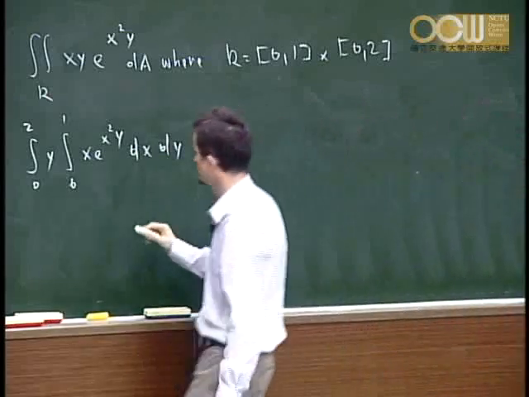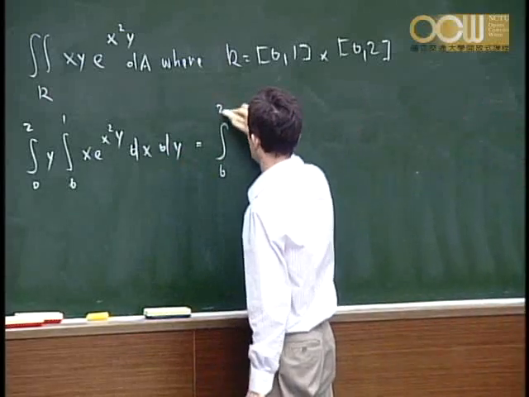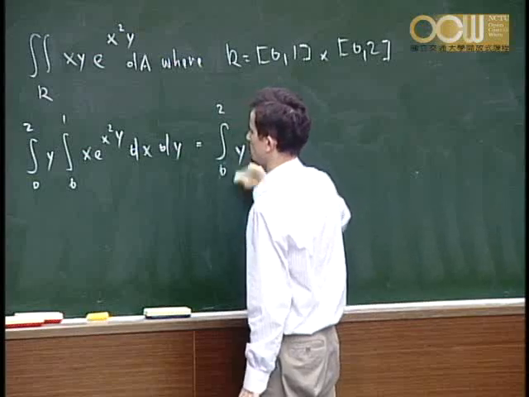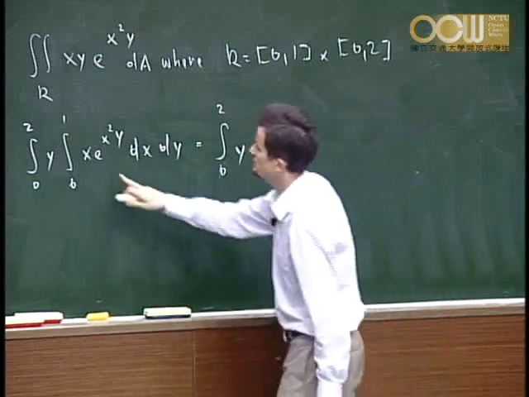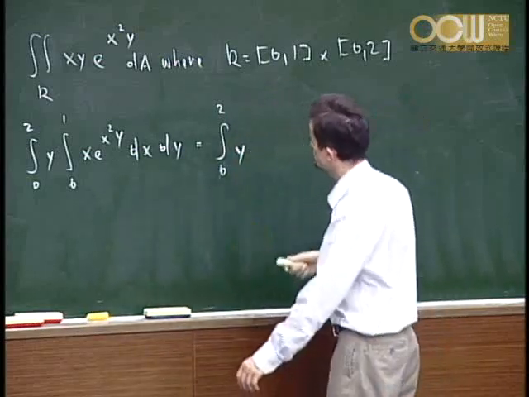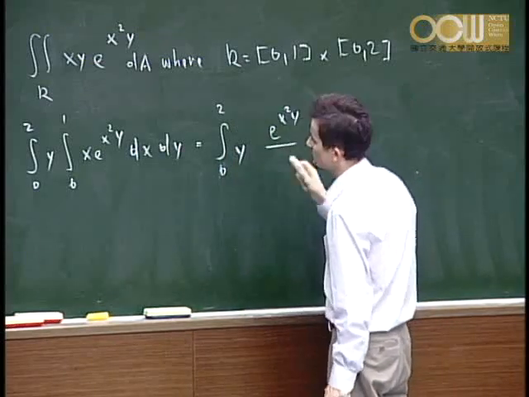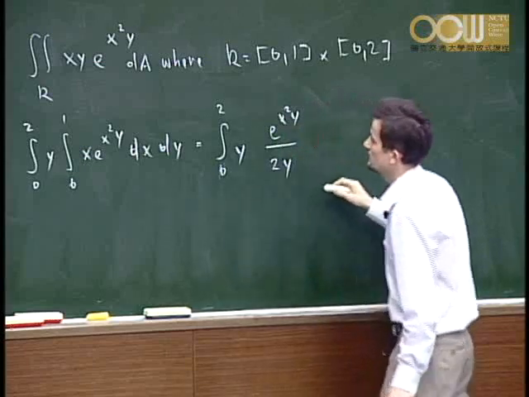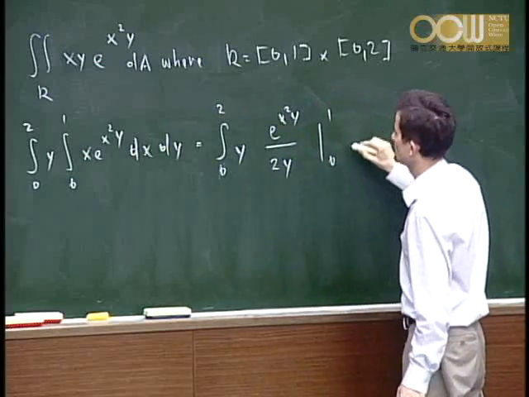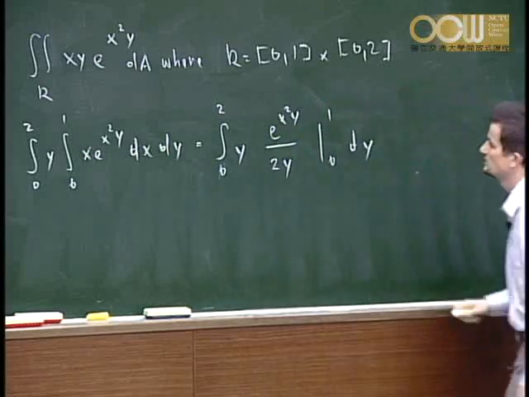Okay, so this is the integral from 0 to 2. Then you have y, and here actually you do a substitution. So the inner derivative is 2y, and then 0 to 1 dy.